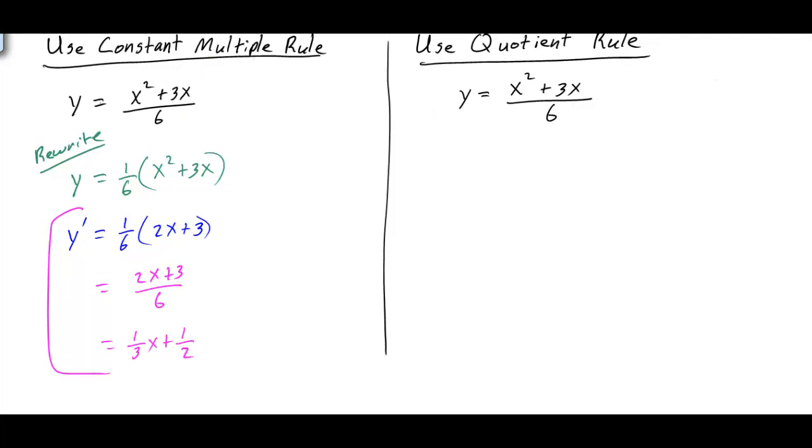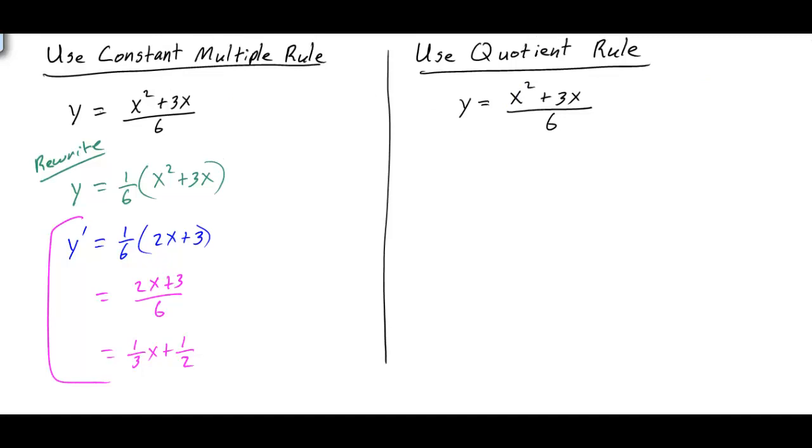If we want to look at this example using the quotient rule, the reason I want to look at this is because I want you to realize this expression, we really don't need to use the quotient rule.